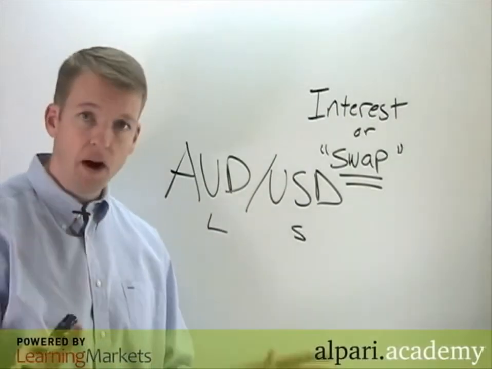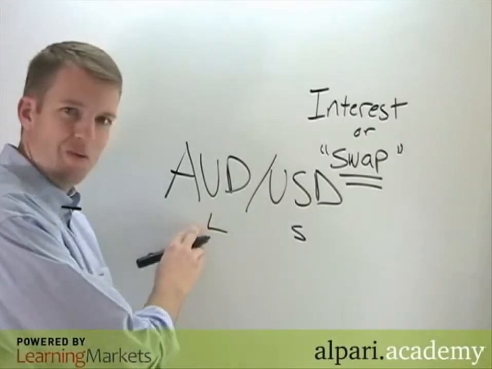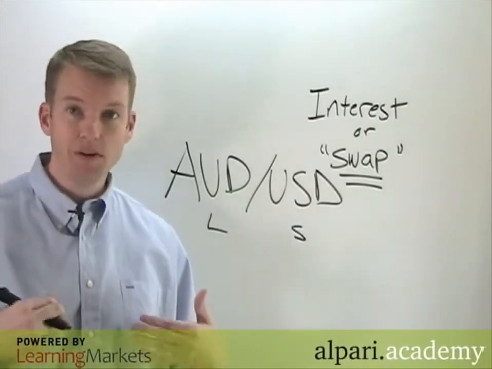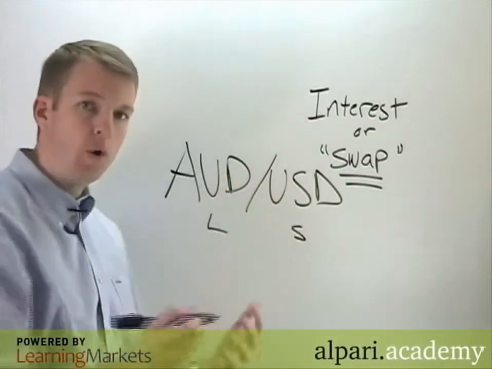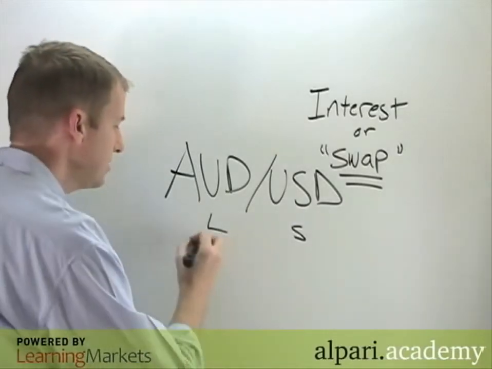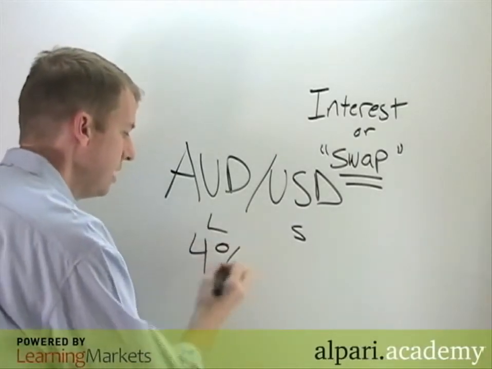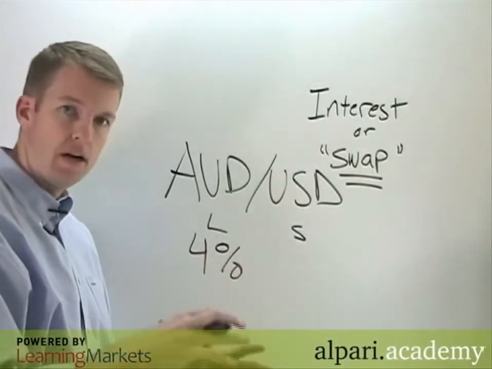Now, if we borrow money, we're going to have to pay something on that, right? And if we own money, we're probably going to get paid interest on that if it were a deposit, wouldn't we? So what happens is that interest rates are not equivalent from one economy to the next. Here's an example. We have the Aussie at around 4%. Now that's their benchmark interest rate, the interest rate set by their central bank.